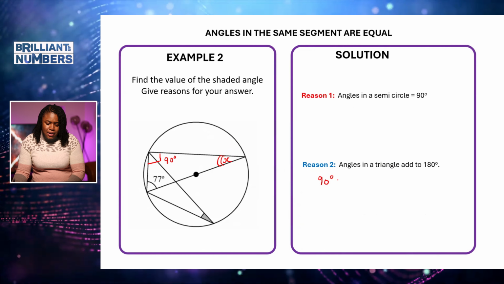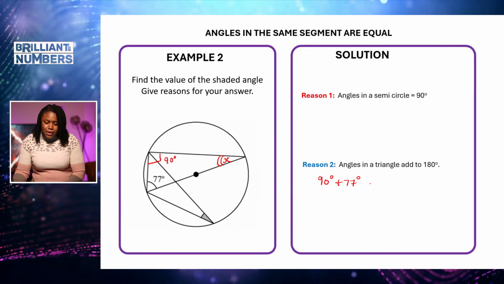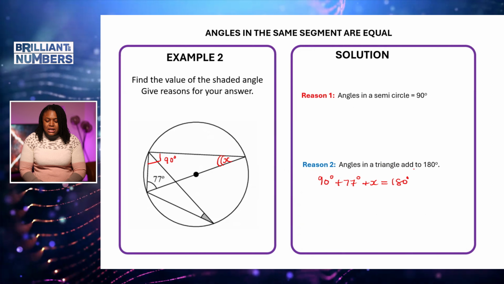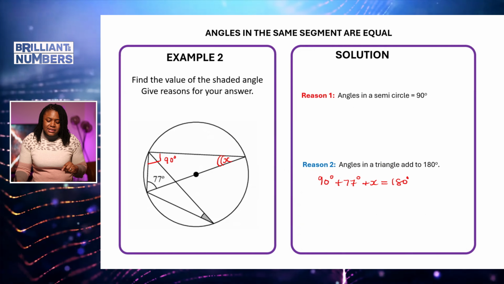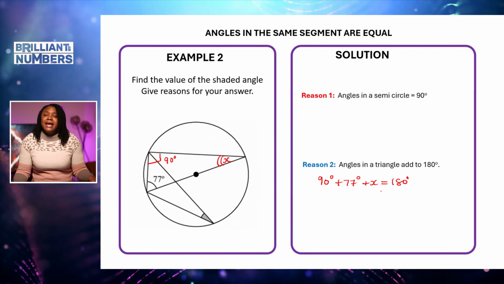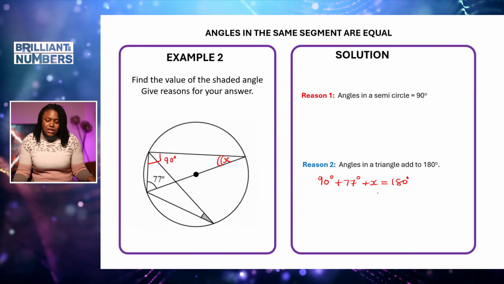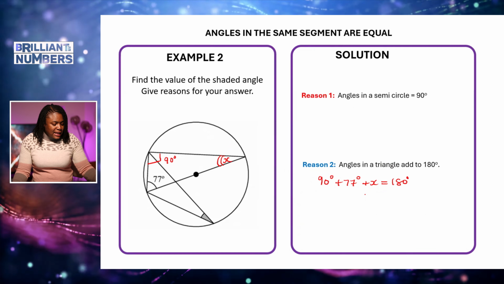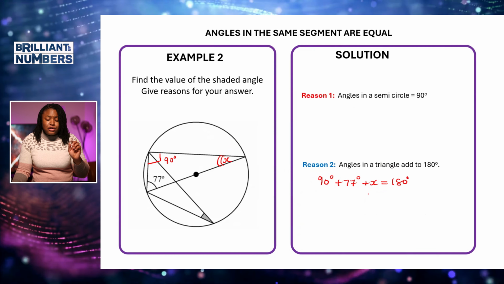So I know 90 degrees plus 77 plus x should be equal to 180 degrees. Now, because I know that this angle is 90, it means that 77 plus x should also be 90. So I didn't have to go all that long route. I could just use 90 as well, just to make that little note there.